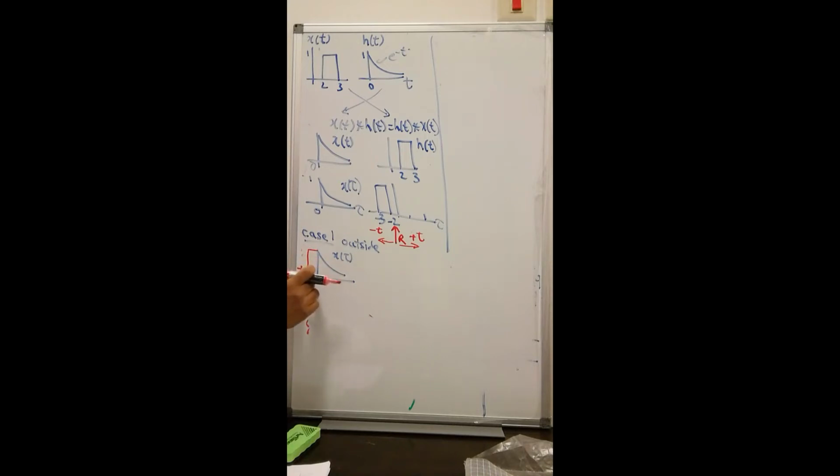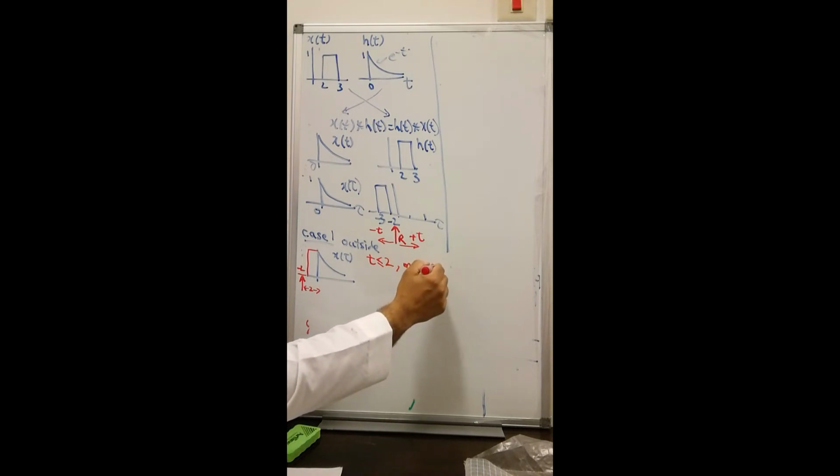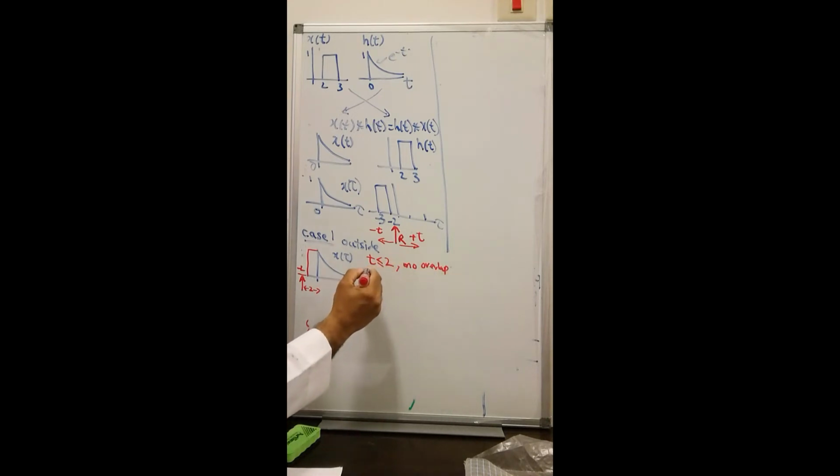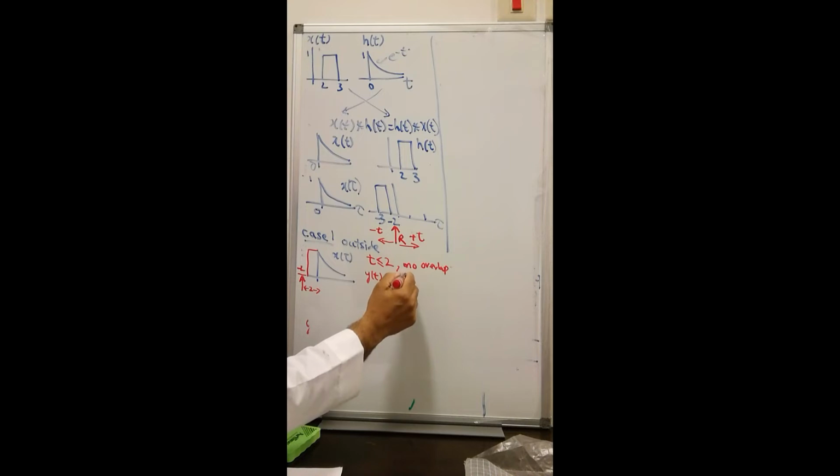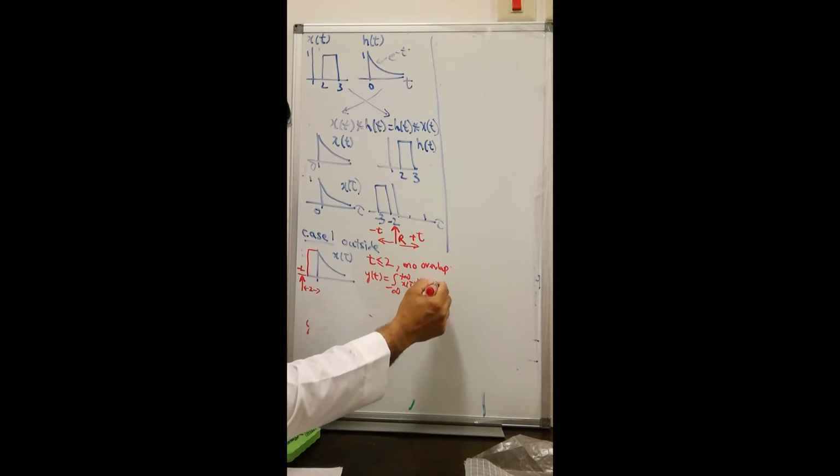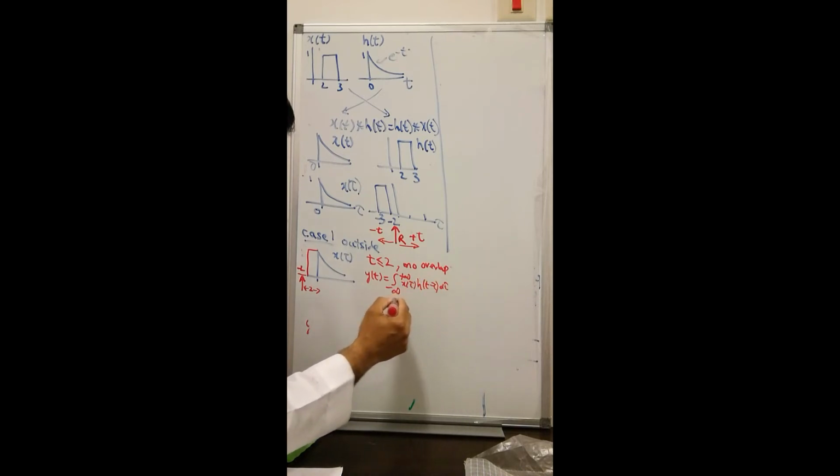How much is this time? This time is minus 2 plus 2. So case 1 is when the shift is less than or equal to 2 and there is no overlap. So my y of t, which is the integral from minus infinity to plus infinity of x of tau h of t minus tau d tau, will be equal to 0.